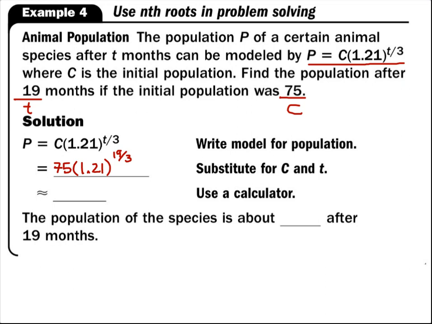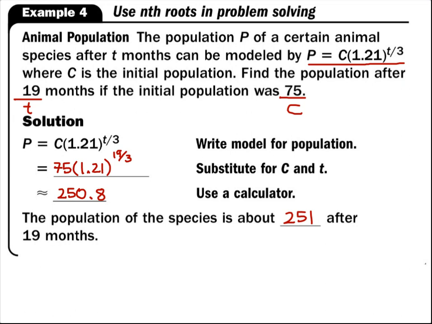But realistically, these real world situations, you want some sort of approximate version you can work off of. And it's about 250.8-ish. So the population of the species is about, and then here I'm just going to go to the nearest whole number because it makes most sense when you're talking about populations of things to have a whole number. But it's about 251 after 19 months.